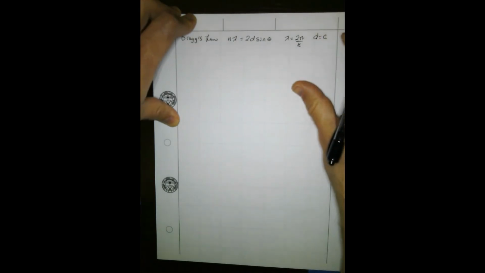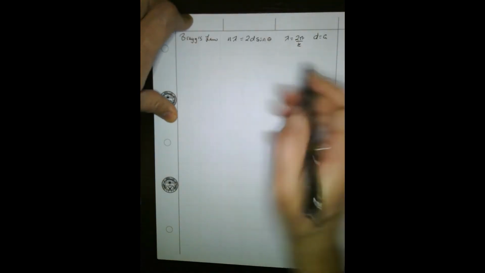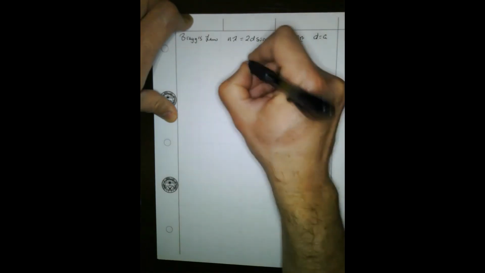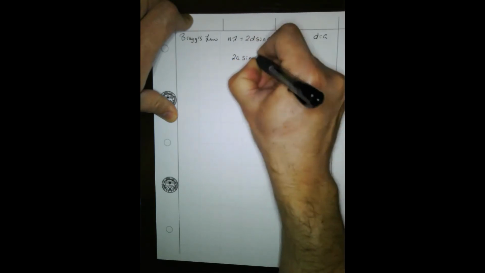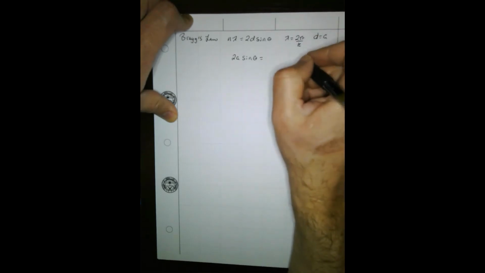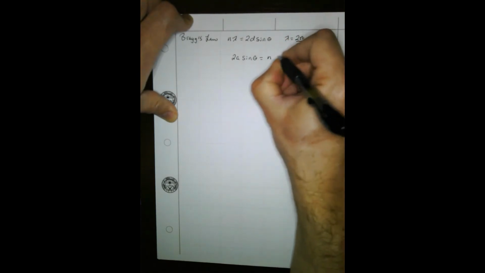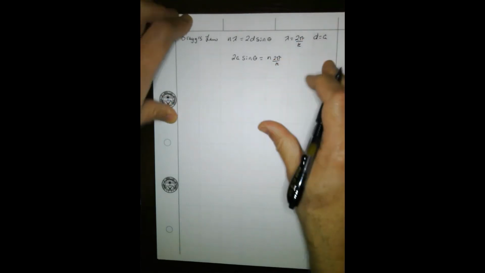So we can rewrite Bragg's law and flip it over: 2a sine theta is equal to n times 2 pi over k, substituting 2 pi over k for lambda.